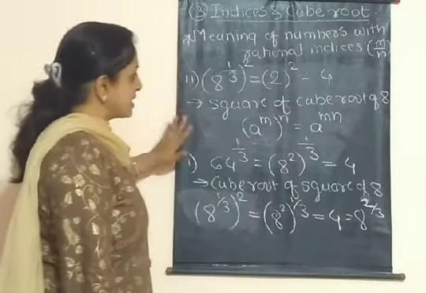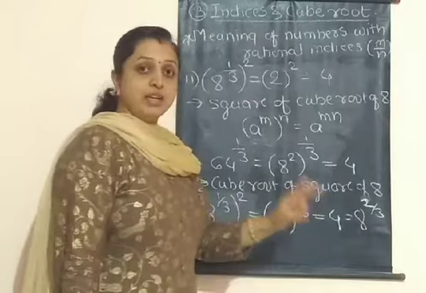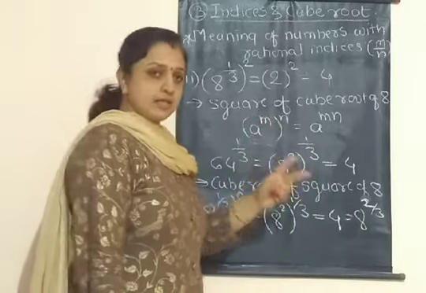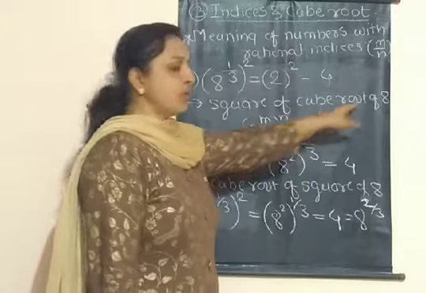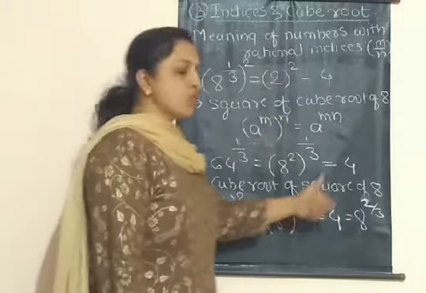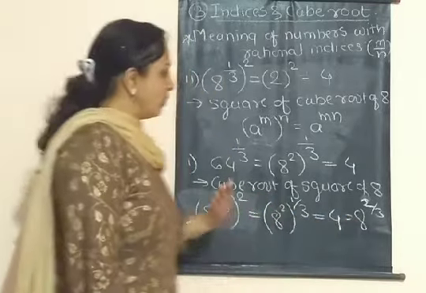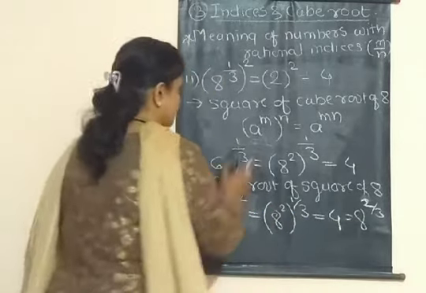It means this number can be read in two ways. The first way is the square of the cube root of 8, and the second way is the cube root of the square of 8. Okay, now for your simplicity, let's see some more examples.